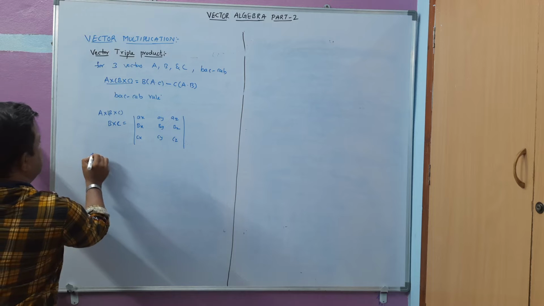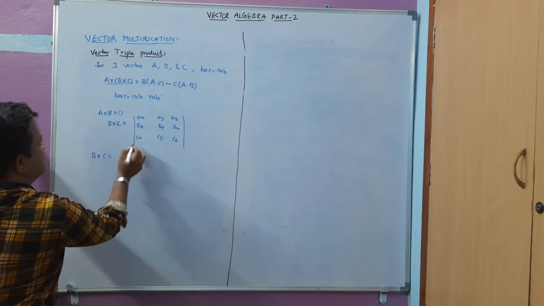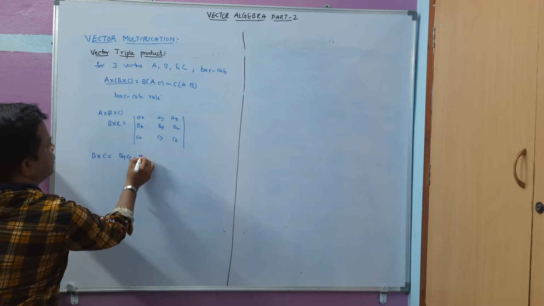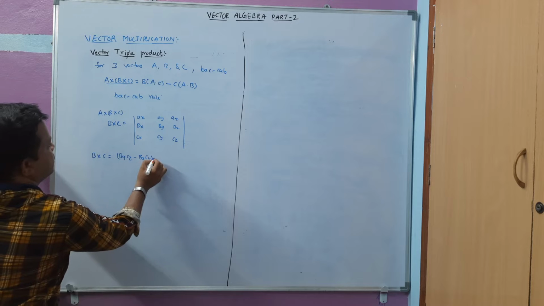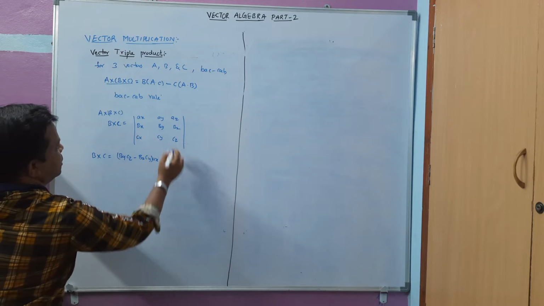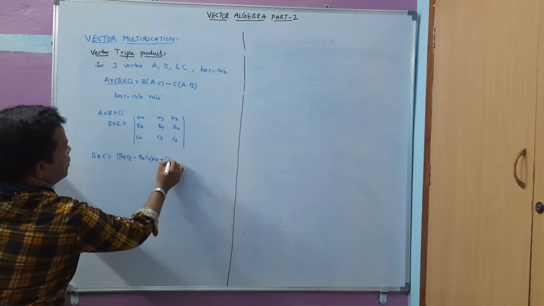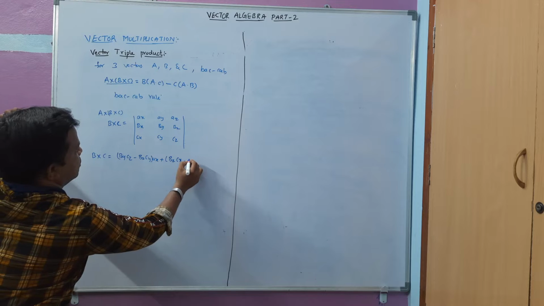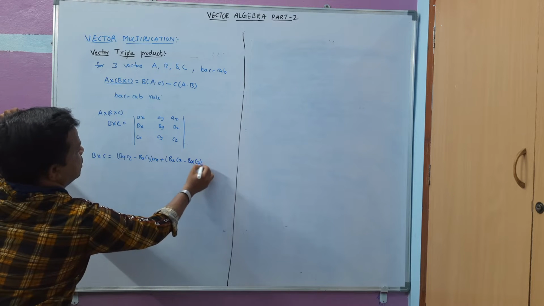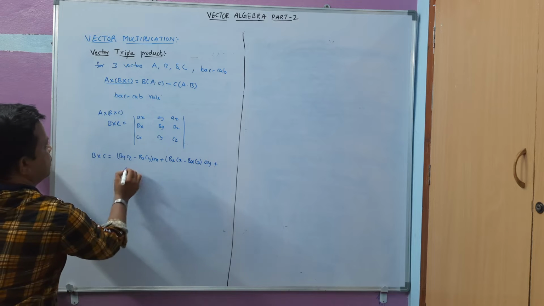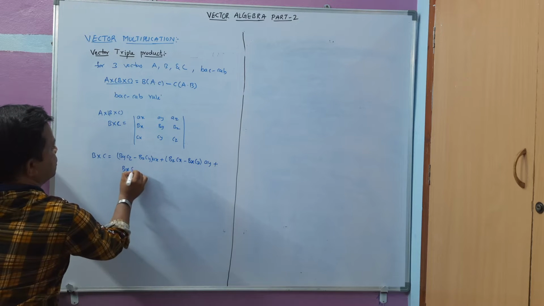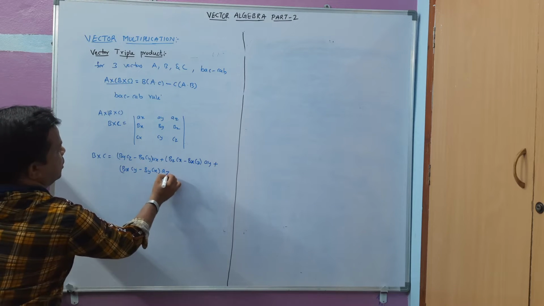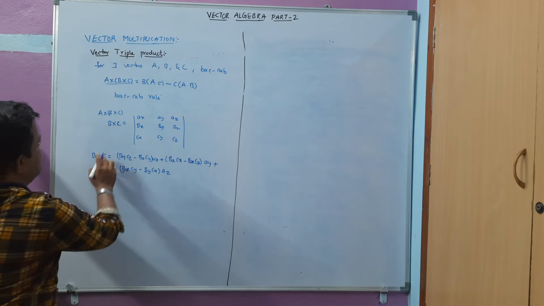That is BY CZ minus BZ CY into AX, plus, next, BZ CX minus BX CZ into AY, plus BX CY minus BY CX into AZ. So I got the cross product here.